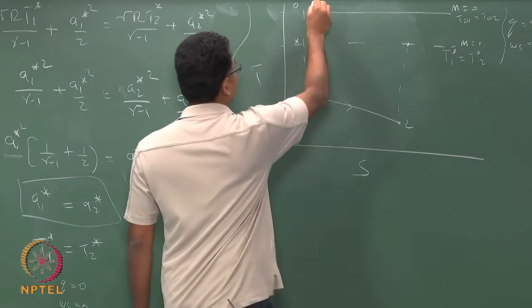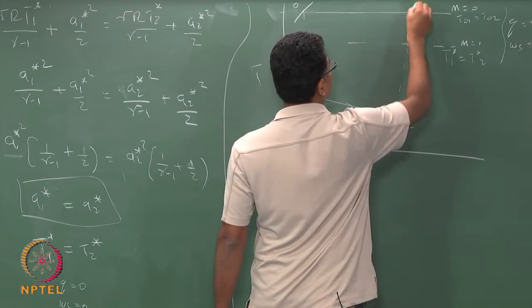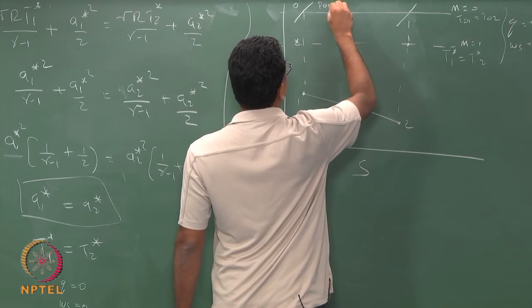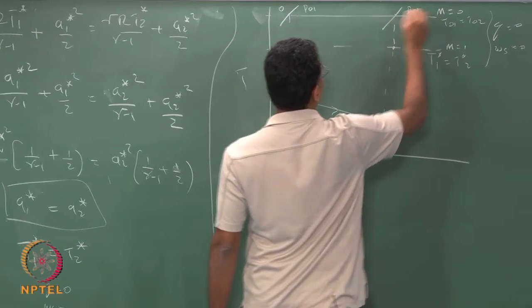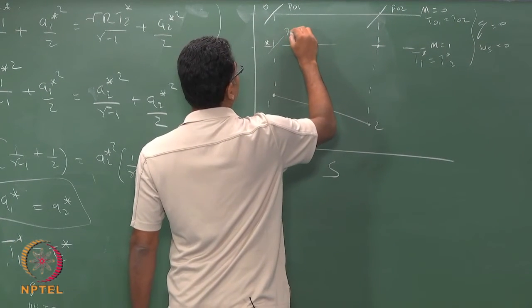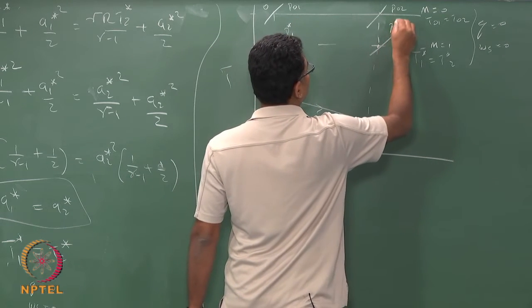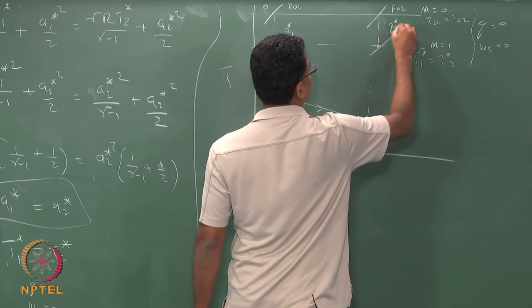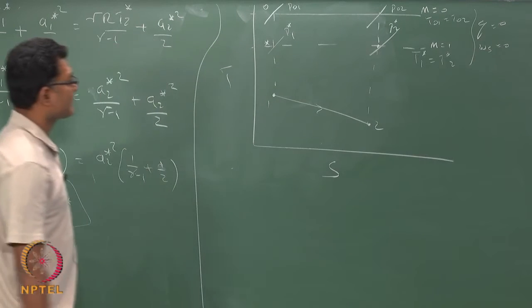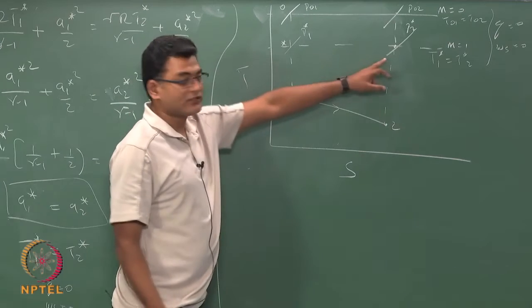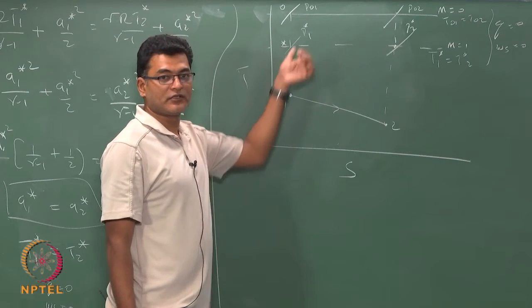So, the pressure here is different, P01, P02, P star 1 and P star 2. They are also the same if the process is isentropic.